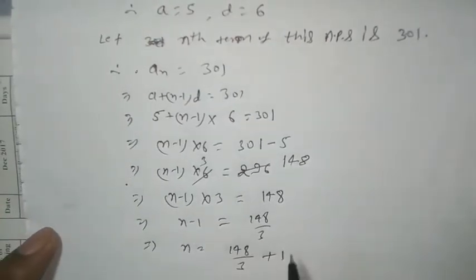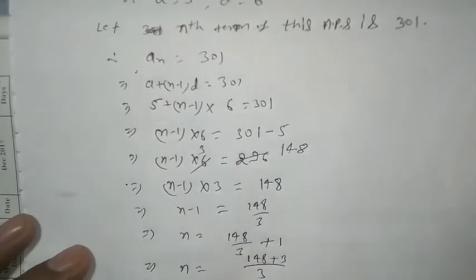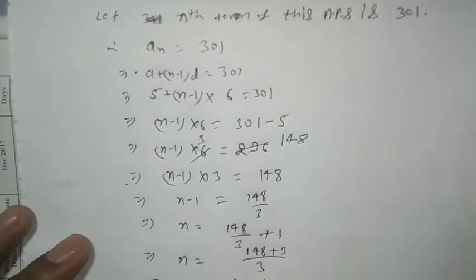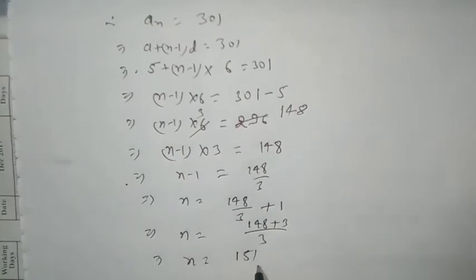Taking the LCM 3, N is equal to 148 plus 3 by 3, implies N is equal to 151 by 3.